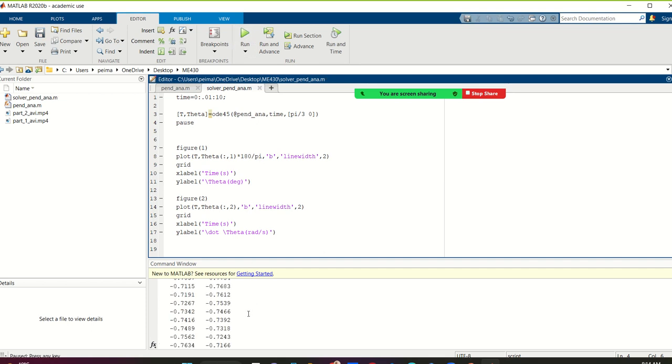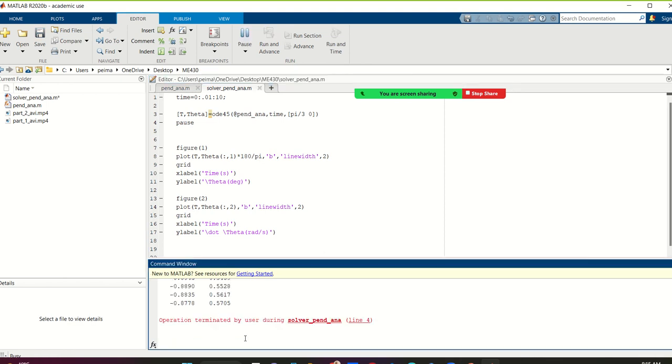See guys, I showed you previously, when I'm solving this, if I want to make a movie, this is the angle at time 0, angle at time 0.01, 0.02. I have to plot each one by one. See what I'm saying? And then put it in a for loop. I hope that you learned this in the ME202 MATLAB coding class. But if you didn't, fine.